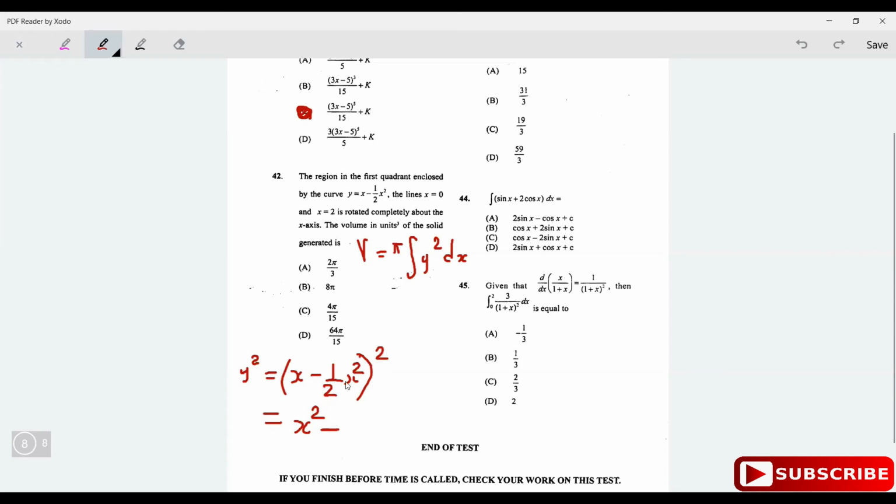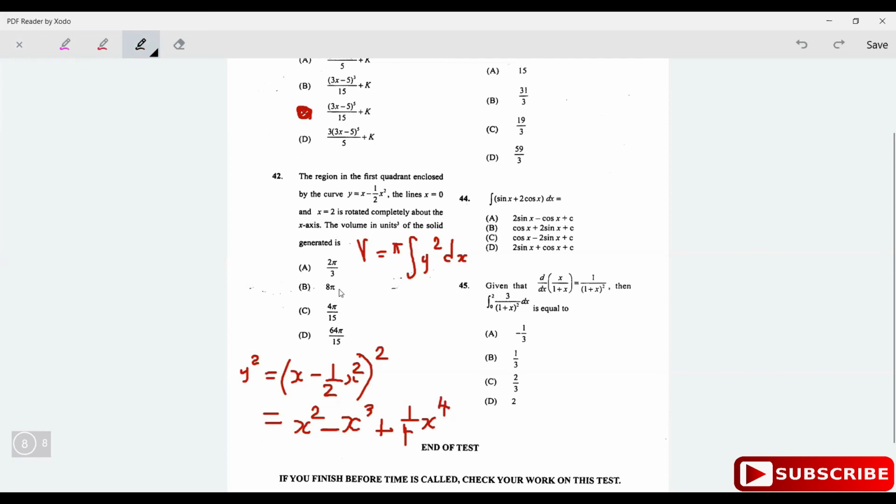When I multiply this, x times a half x squared twice gives x cubed over 2 times 2, which becomes just x cubed. So I get x squared minus x cubed plus a half squared, which is a quarter x to the 4. So that's what y squared is.